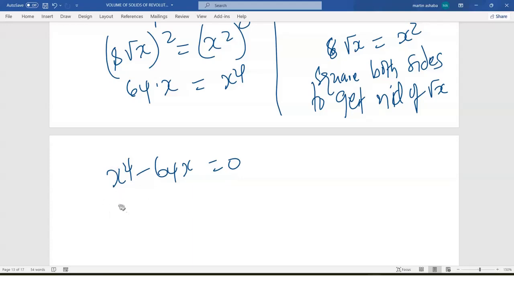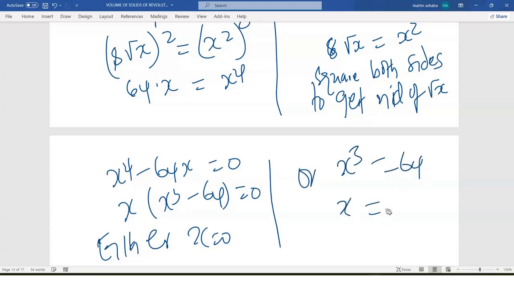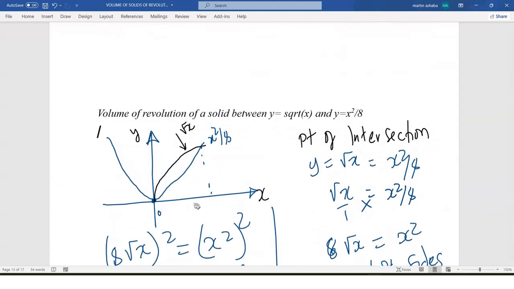So I will have x times (x cubed minus 64) equal to 0. So either x is equal to 0 or x cubed is equal to 64. So x will be the cube root of 64, and x will equal 4. That means we are going to be integrating from 0 to 4.